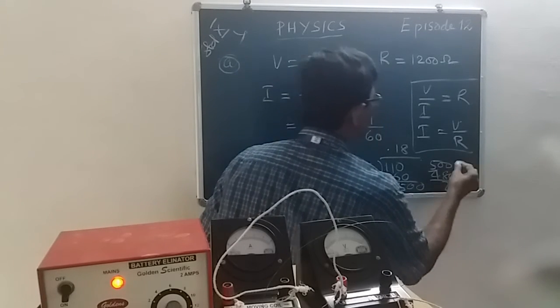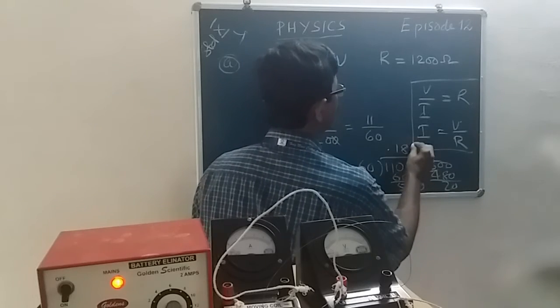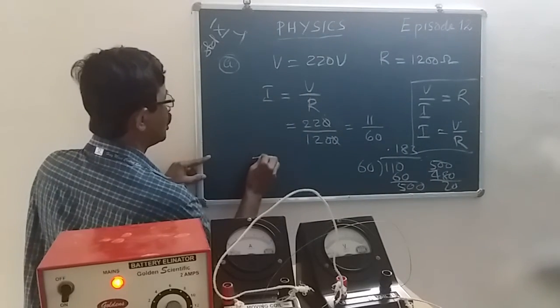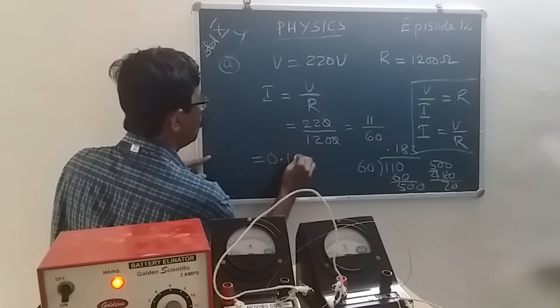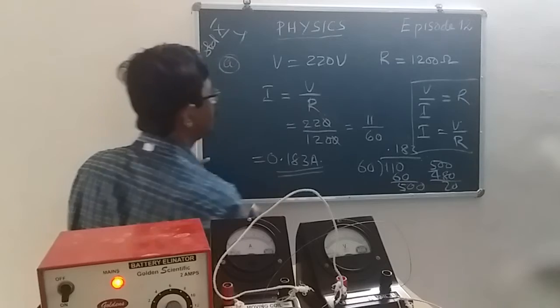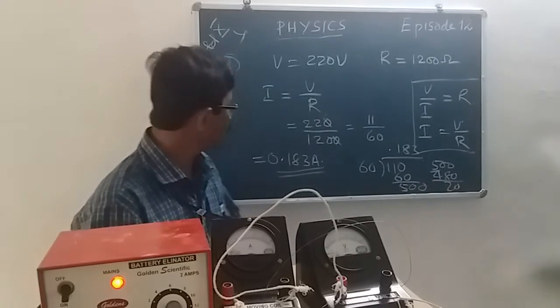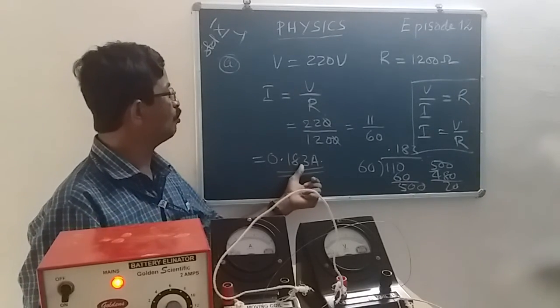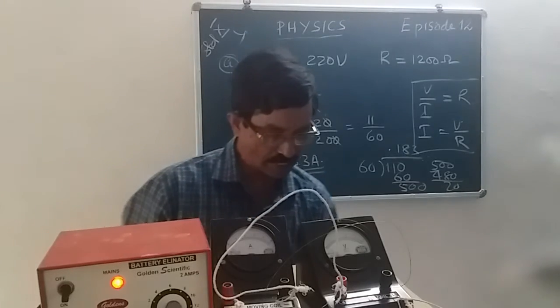That means 20 remaining. Then again 0, we put 3 times. Then the current is how much? 0.183 ampere. This is the current that the bulb is using. 0.183 ampere is being used there.